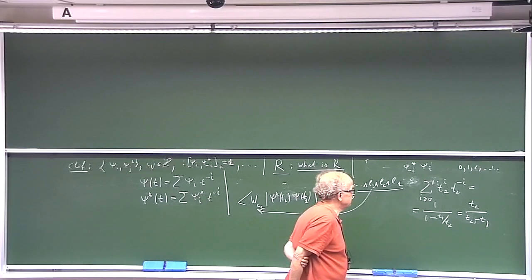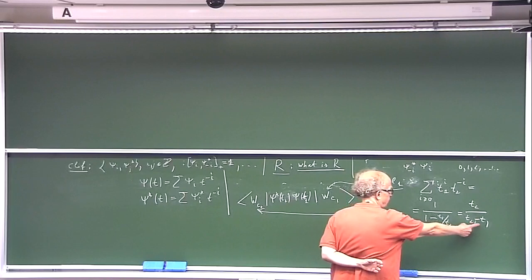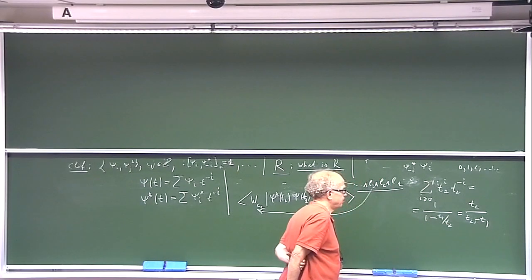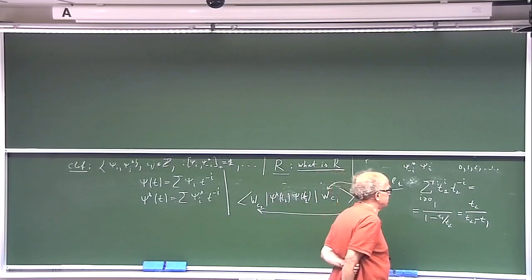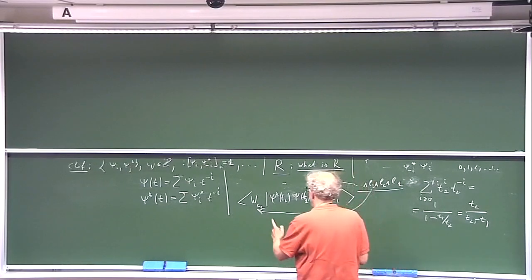Yes, so this is a result of calculation, and so we see a pole here, which I promised to you yesterday, and precisely the same story appeared if we take.